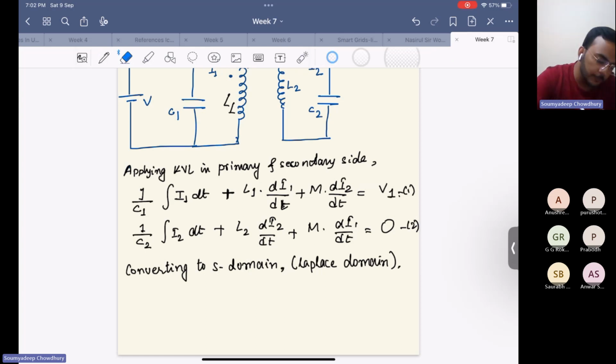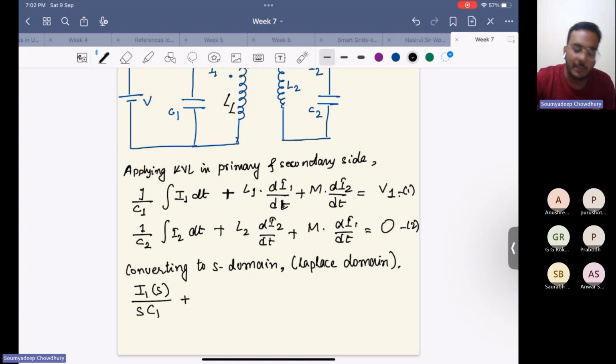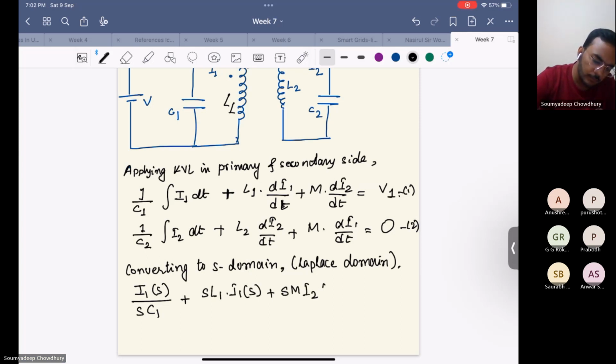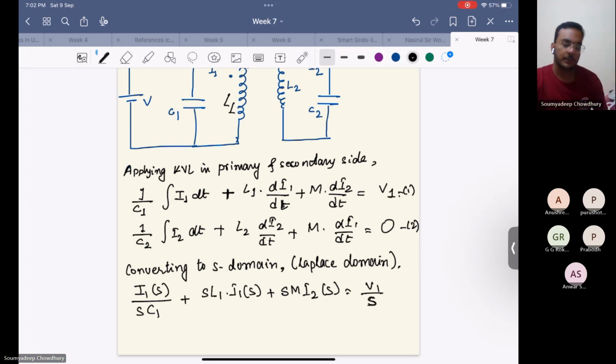So this integral of I1, converted to S domain, will be I1 by S. So it will be I1 of S by SC1, and the derivative is multiplied by S: SL1 into I1 of S plus SM into I2 of S, and V1 is a constant. The Laplace transform of a constant is the constant by S. Similarly, can you tell me the second one? Second equation Laplace transform, Anushri?